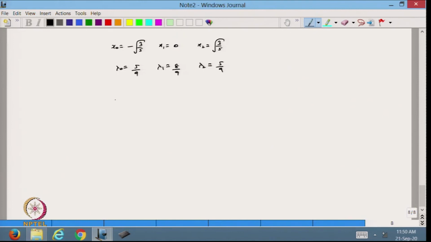So, from here we are able to find the value of all the 6 coefficients or unknowns.